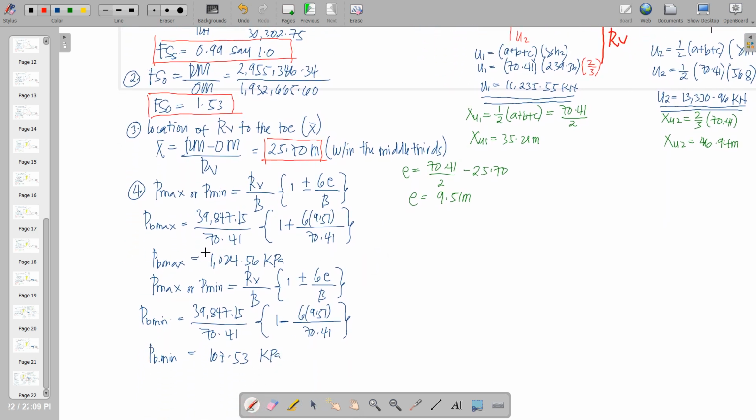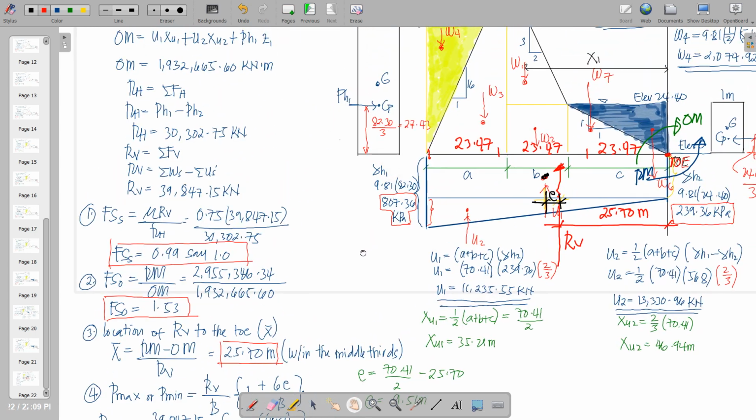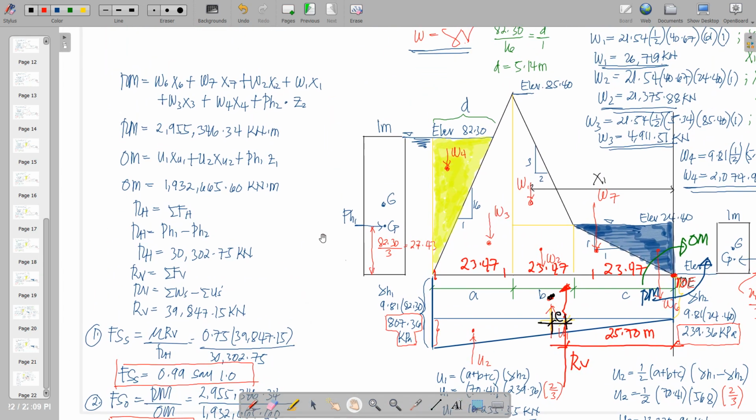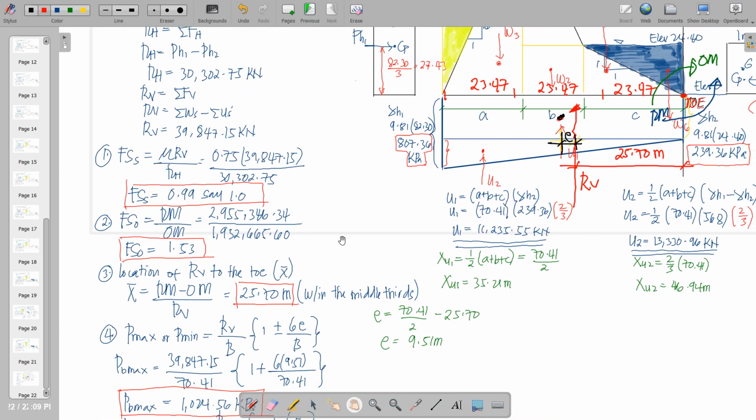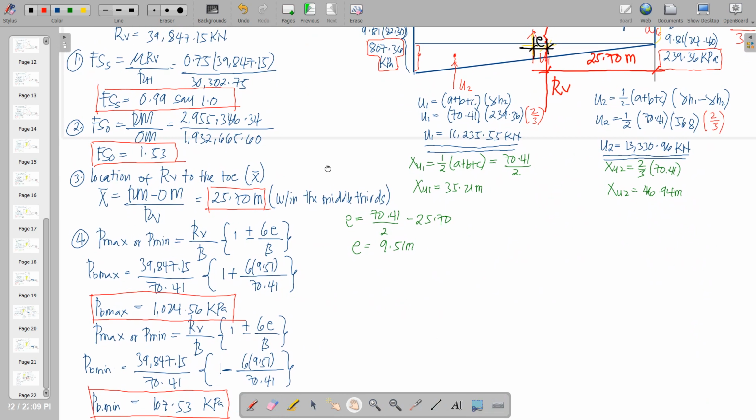The maximum base pressure is 1024.56 kPa. Finally, the minimum base pressure is 107.53 kilopascal. So this is a complete set of solutions for the analysis of dams. Thank you for listening and have a good day.